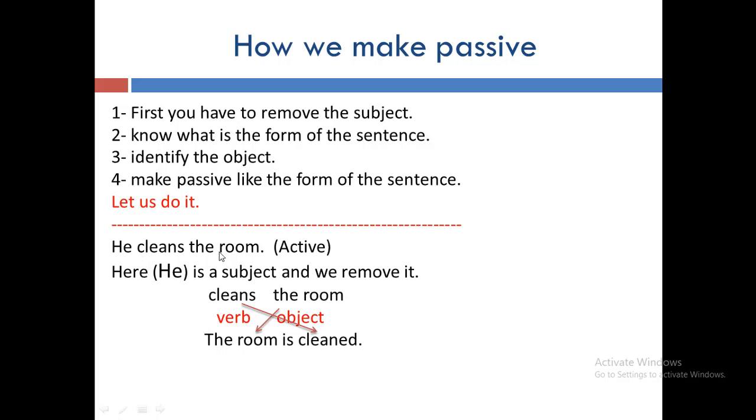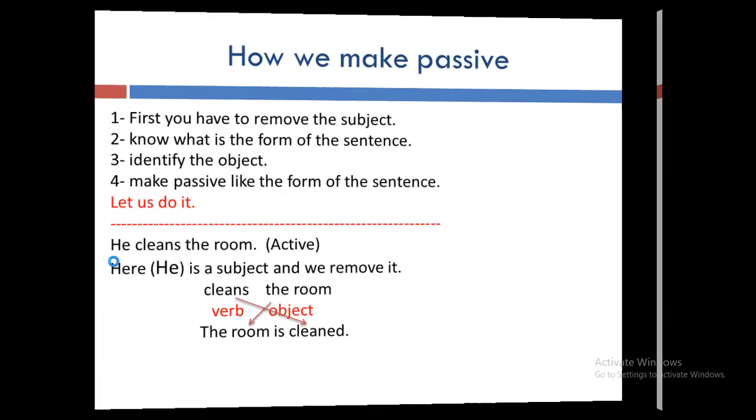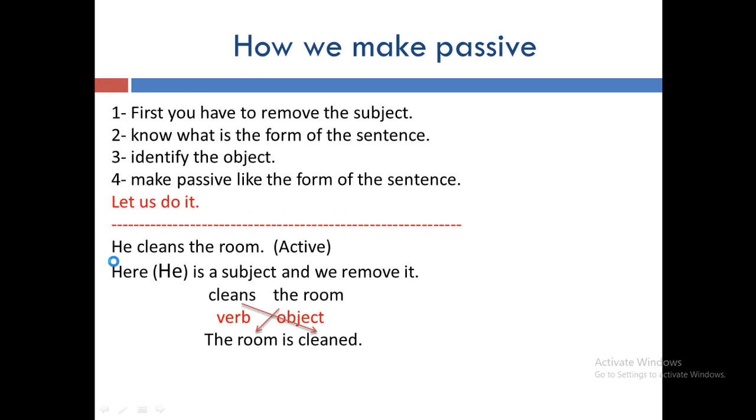Okay, so here we have this sentence which is in the active. He cleans the room. Here in this sentence, I'm sorry, between he and cleans the room, which one is the subject? Of course, he is the subject.